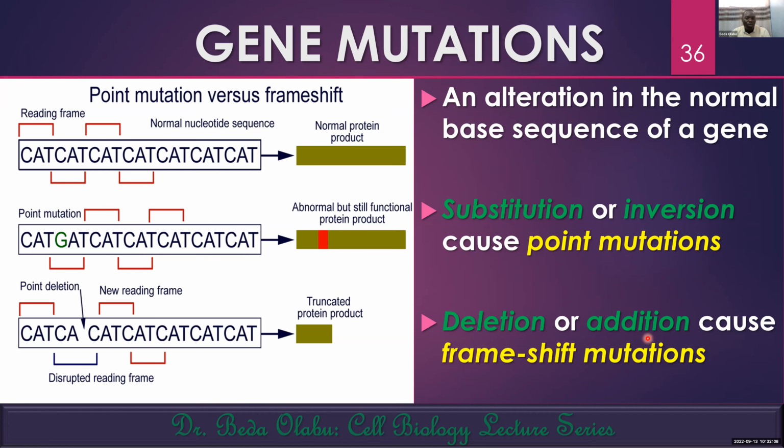So if it was, let's say, hair, it can change to something totally different. Unlike point mutations, where the protein will still remain, except that it might just be a defective protein. It could be melanin, but a weaker form of melanin. So frameshift mutations are worse compared to point mutations.